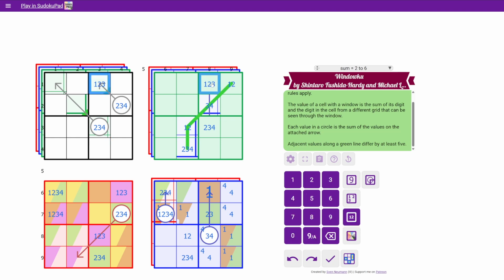But this plus this can only go up to 4. But it could be double 2, or it could even be 1, 1, and this be 2. Which is why it's 1, 2, 3.